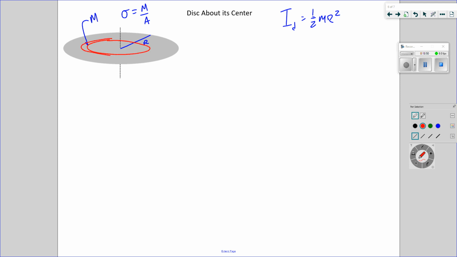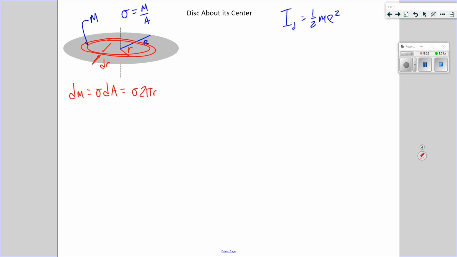Really thin hoops that have a radius little r and a width this way of, let's call it a dr. And they have a little mass that depends on how dense this stuff is and the area of that little hoop. Well, the area of that little hoop is its length times its thickness, so that's 2 pi r dr.